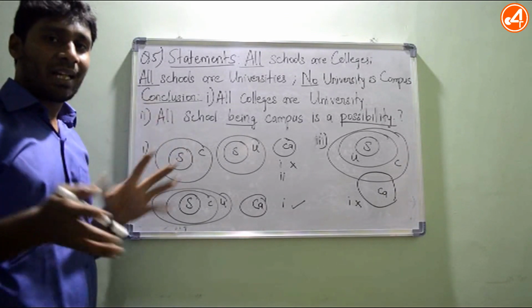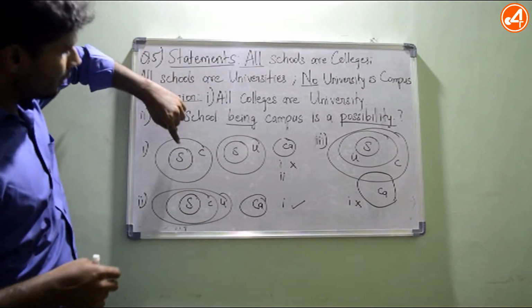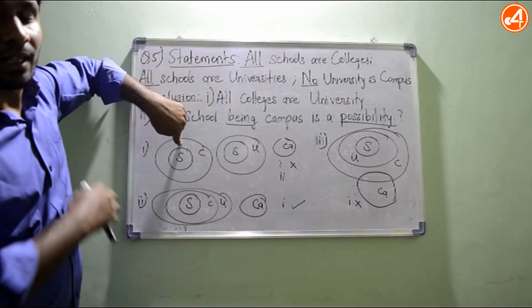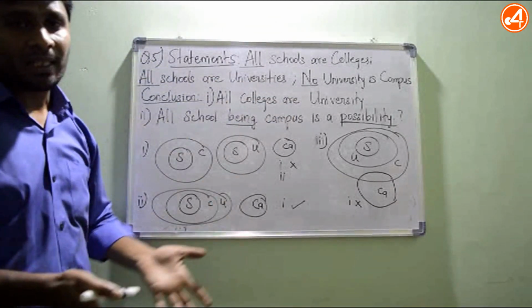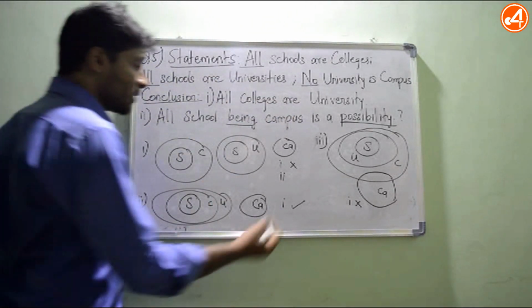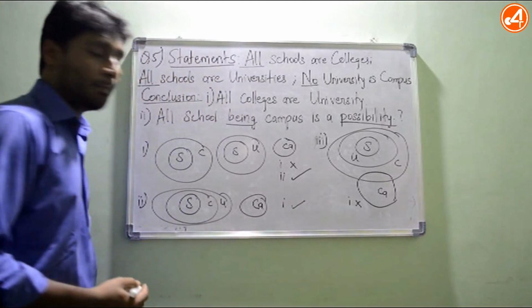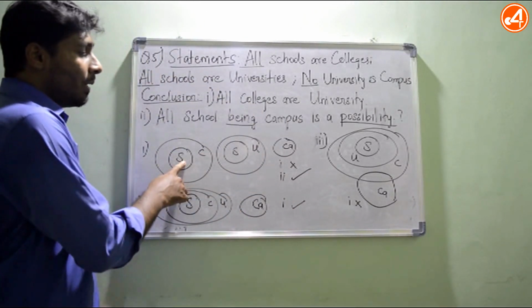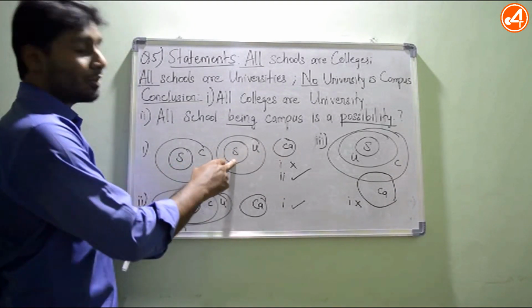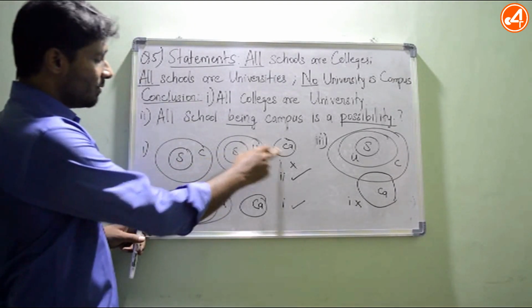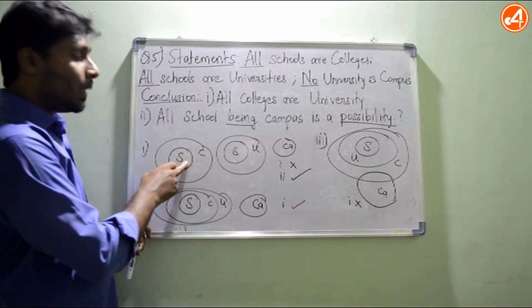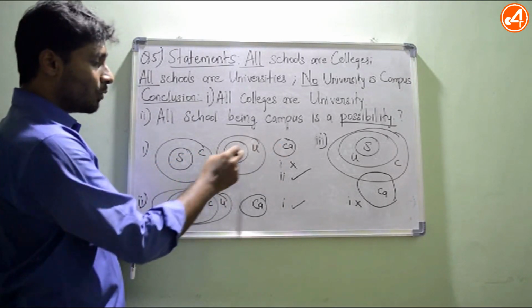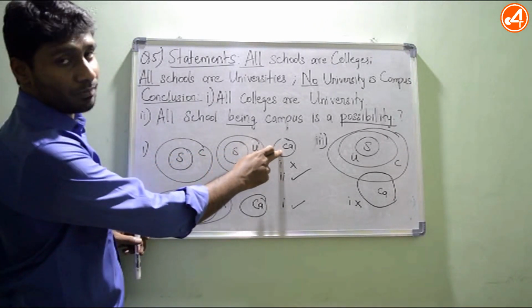So I'm just asking whether this school having a connection in terms of all with this campus is a possibility. Of course, it has a possibility. It has some possibility in the first diagram. Got it? I can simply draw like this, campus and schools can be related, but only campus and this school, not this school. Got it? The schools coming under colleges can be related with this campus, but the schools coming in university cannot relate with this campus. Got my point?